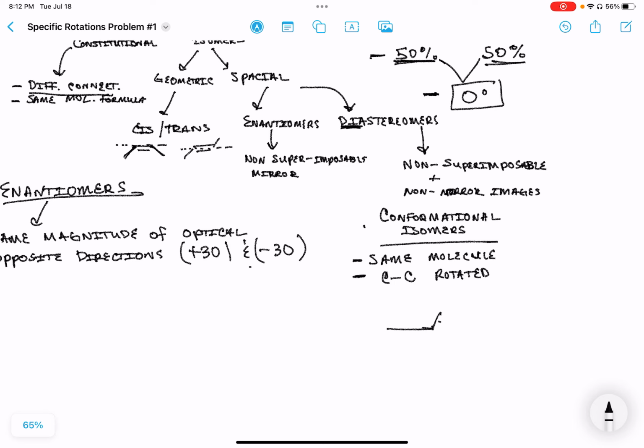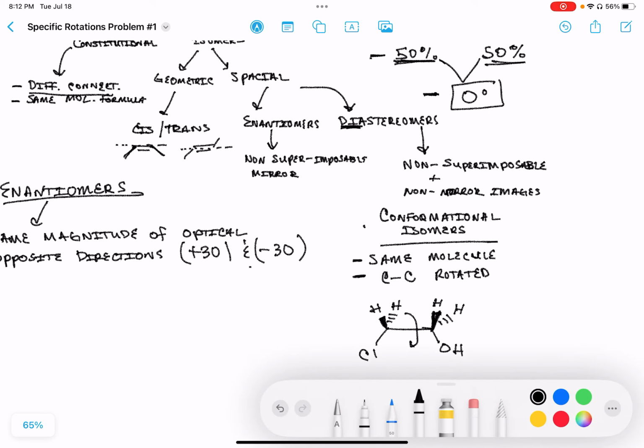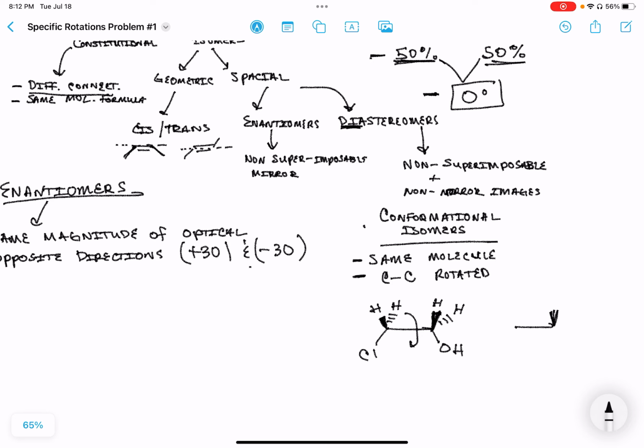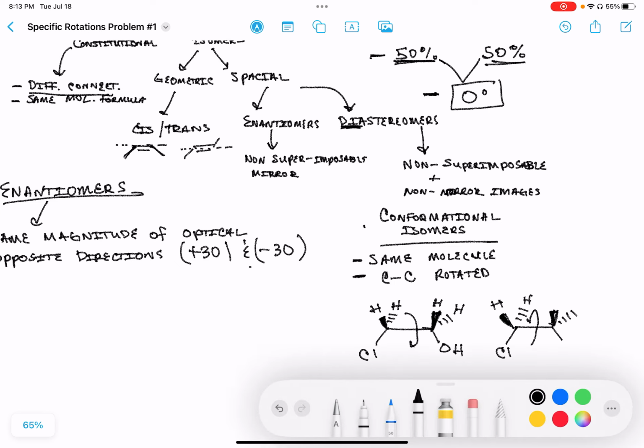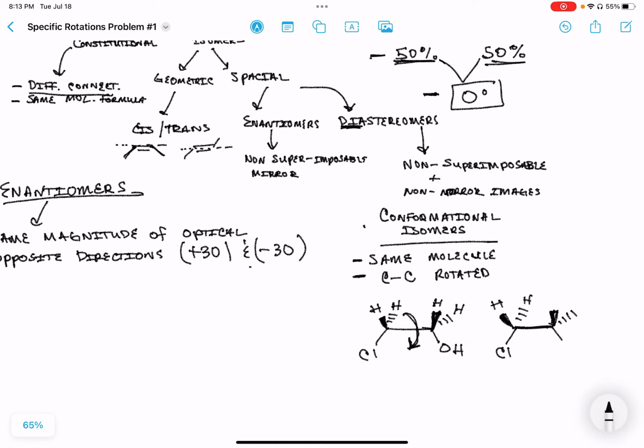If I give you an example, this molecule is exactly the same as this molecule, but I've rotated this carbon-carbon bond.